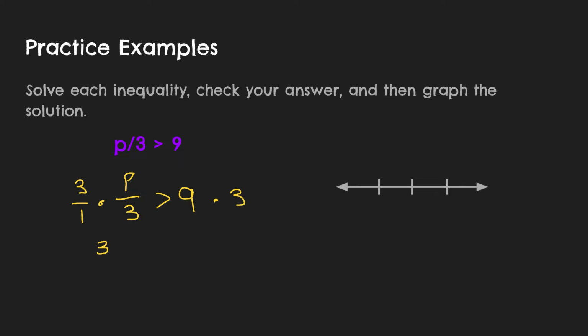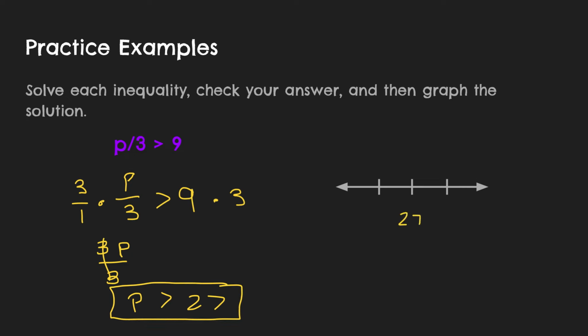So this would end up being 3p over 3, which cancels out. And then 9 times 3 is 27. I did not multiply or divide by a negative, so my sign stays the same. And it is greater than 27. So that means it has to be an open circle and off to the right.